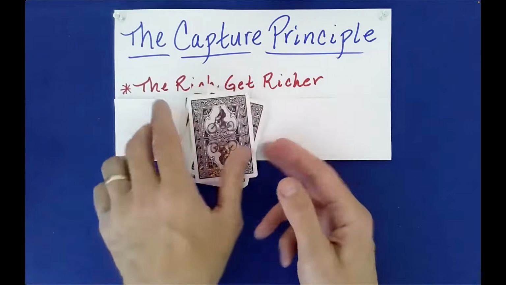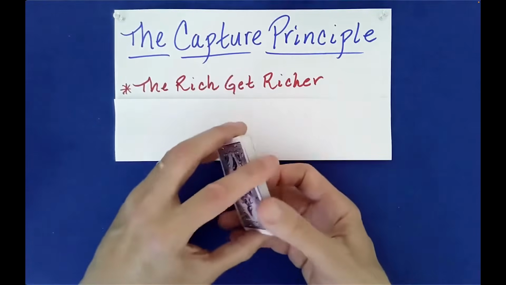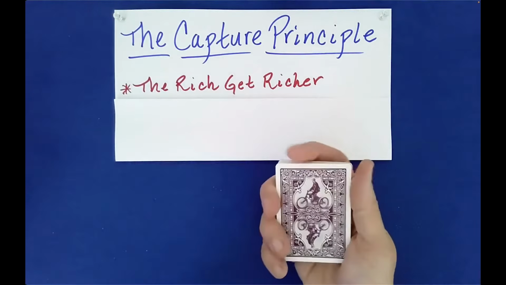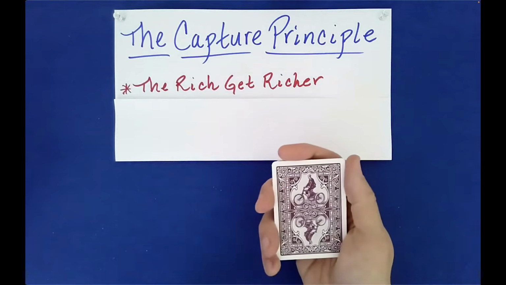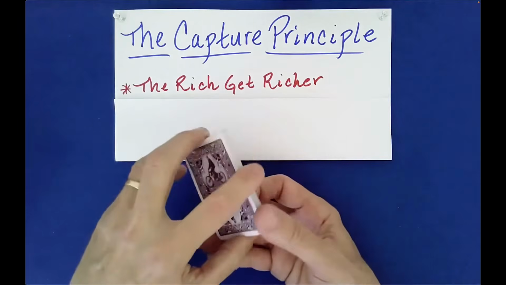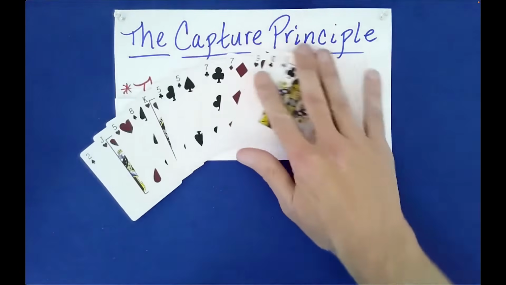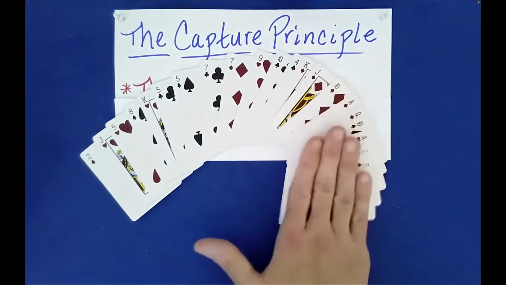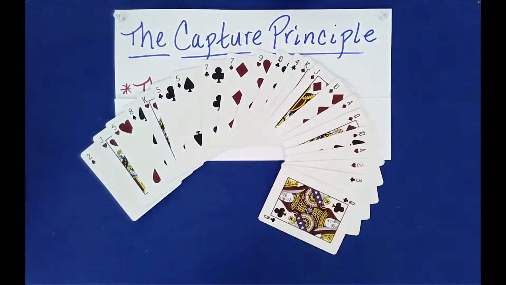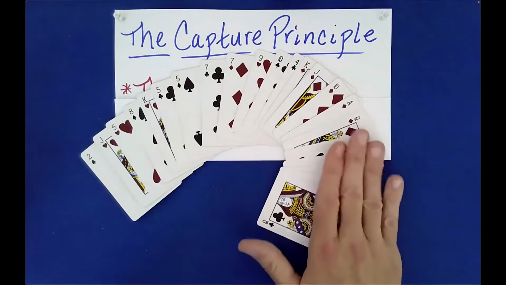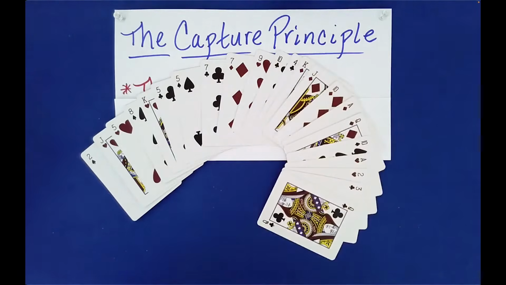Q-U-E-E-N, very good, okay? And so at this point, we would like to see where that's brought us. So without doing anything sneaky, I'm just going to ribbon spread these on the table. And I want you to look for our two helper cards and see if they've sandwiched or captured anything interesting. So let's see.